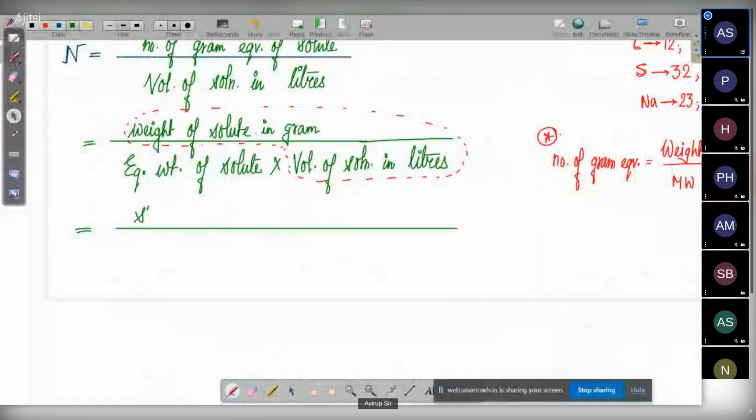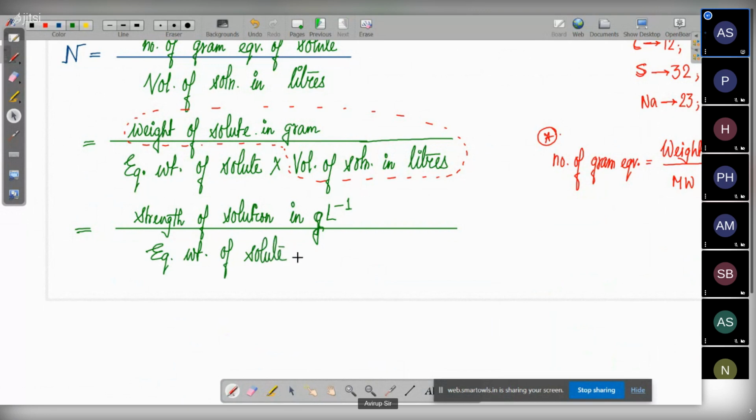That is strength of solution in gram per liter, divided by the equivalent weight of solute. So the formulas are very similar. Just over there, we had been dealing with molecular weight. Here you are dealing with equivalent weight. Other than that, the formula for molarity and normality, they are very similar.